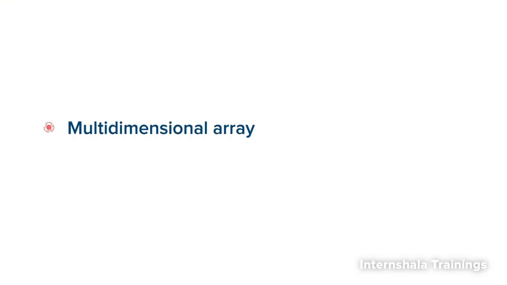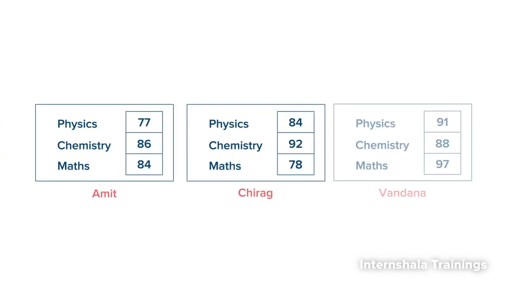Next, we have a multi-dimensional array. These are the arrays of arrays, which simply means each element of an array is also an array. These arrays can be of anything like integer or string or any other data type, but cannot be a combination of each other. Let us understand how we can define a multi-dimensional array with the help of this example. Suppose we want to store the marks of 3 different students for various subjects.